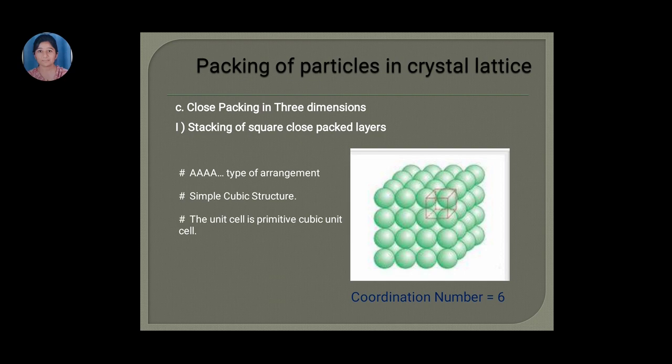So that is how each atom in the simple cubic structure is connected to 6 other atoms. That is why the coordination number of each atom in the simple cubic structure is 6. The coordination number is 6.